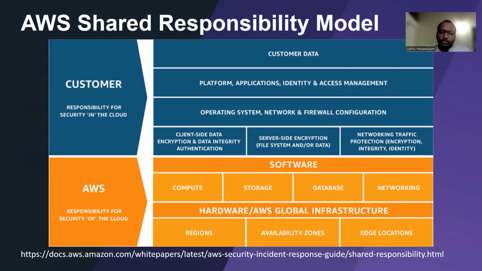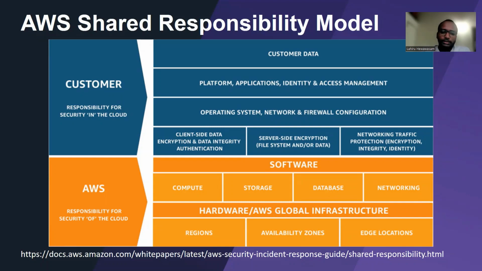However, once you spin up an EC2 instance, the operating system security, the network security, and firewall configurations all become the customer's responsibility. Not only the security aspect, but also identity and access management becomes the customer's responsibility.